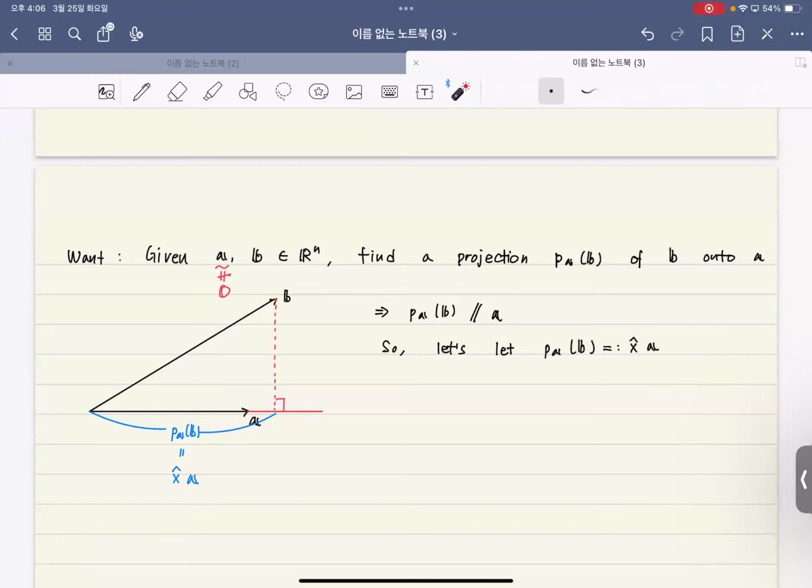Now, how do I find this number x hat? The condition here is that this is the right angle. That means this vector must be perpendicular to A. So how do I write this vector?